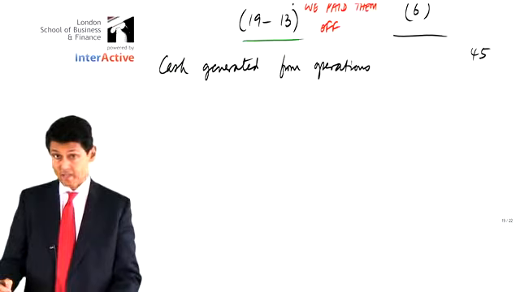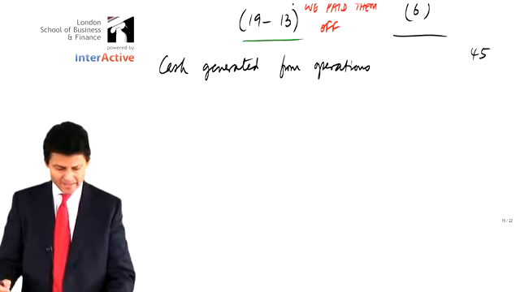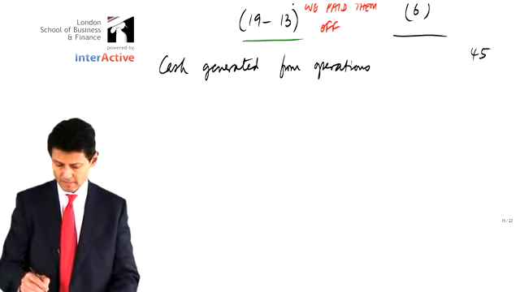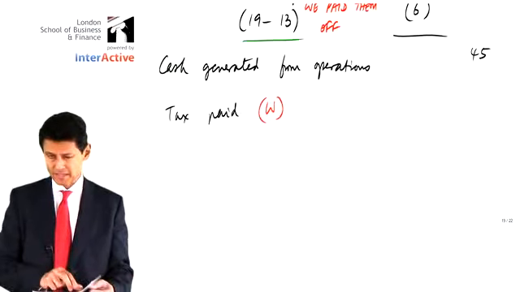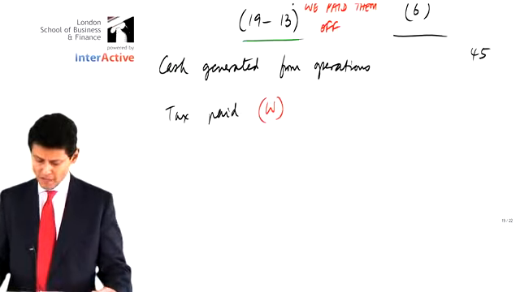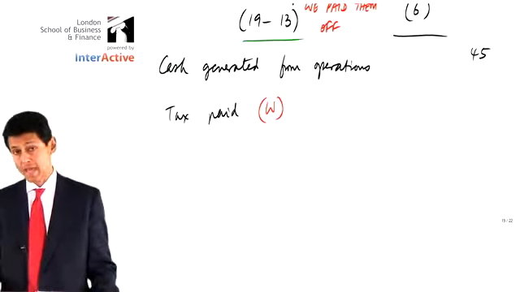What else do we have? Obviously, if we have any interest paid, it'll be shown. If you haven't got any, it will not be shown. And then you've got your tax paid. This might require a bit of a working, because I notice there's a little bit of activity round about the tax area. For example, last year we had a tax balance of 1 to be paid.